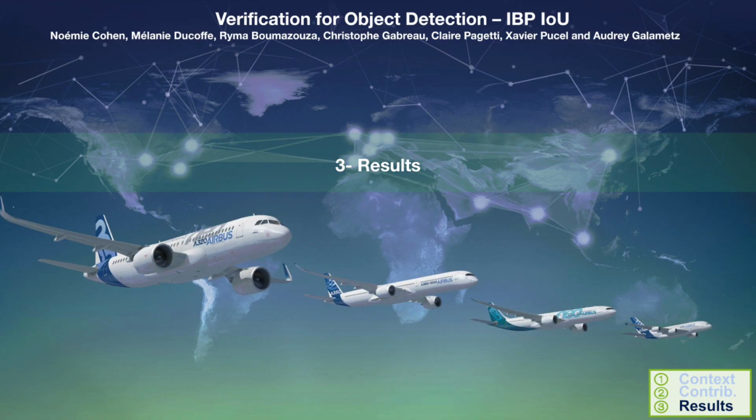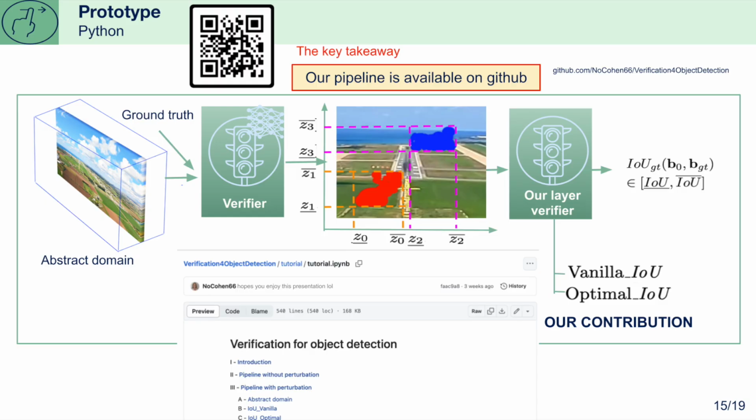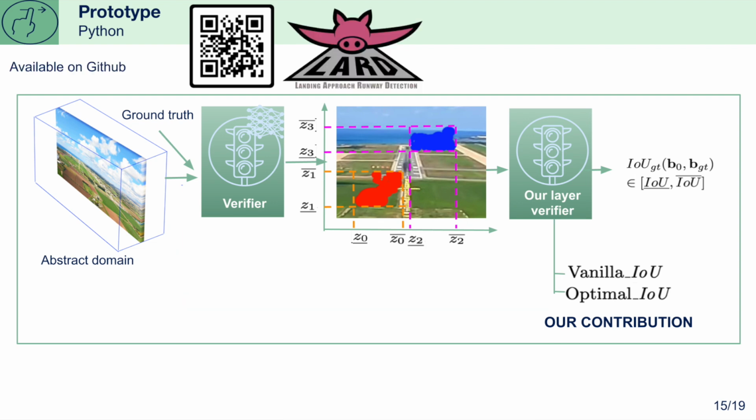Let's see the results. First of all, the complete pipeline is available on GitHub. If you want to experiment, you can find a tutorial in the tutorial folder on GitHub. The model is trained on a large dataset, which contains images of landing approaches at runways.